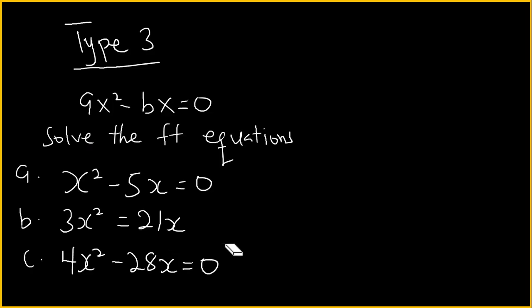Now our first equation, x squared minus 5x equals 0. Let's solve this one together.